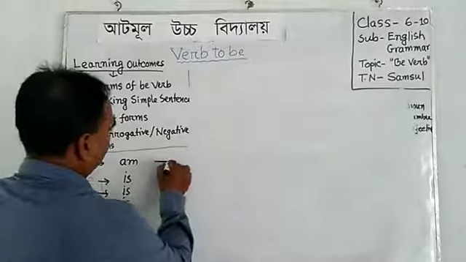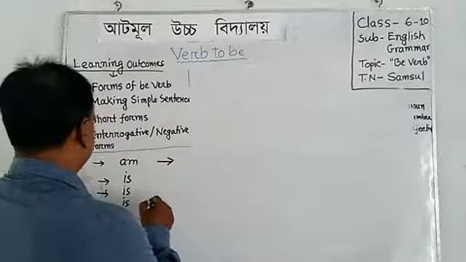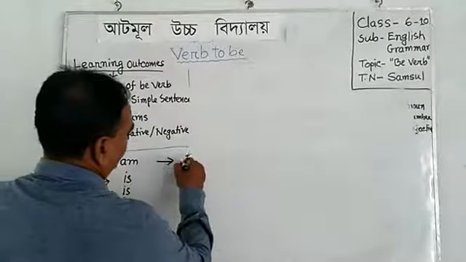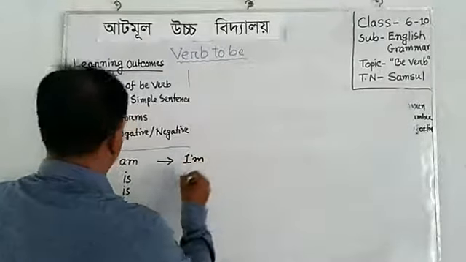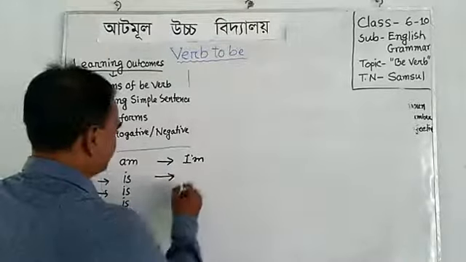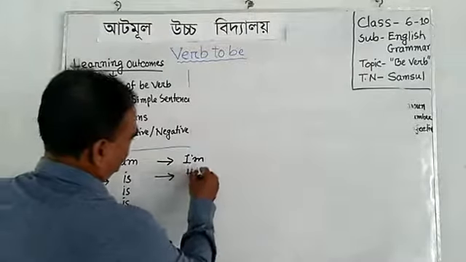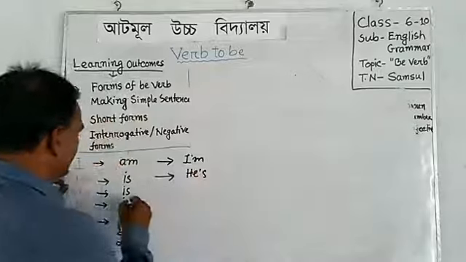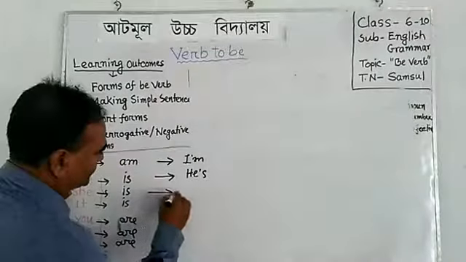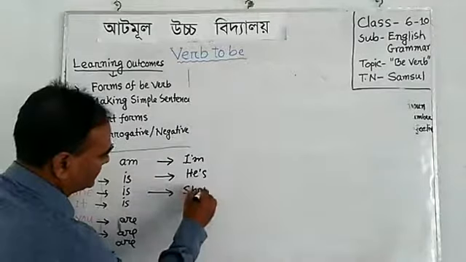Okay, dear learners, now we will learn the short form. I am, the short form of I am is I'm. He is, short form is he's. She is, short form is she's.